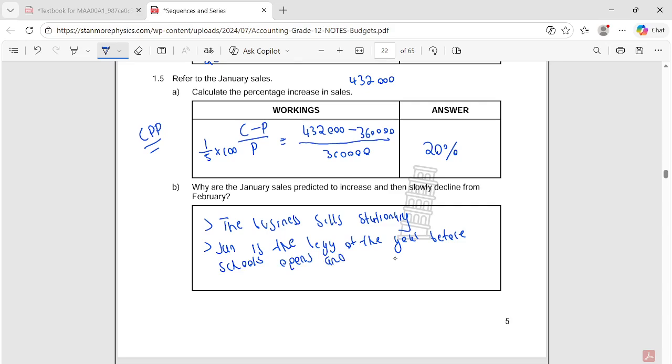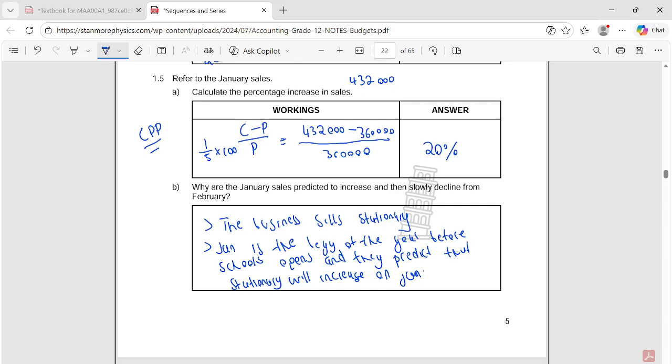And they predict that stationery sales will increase in January, right?